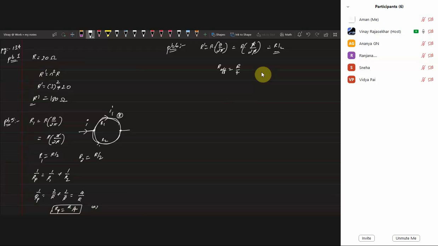Just now we calculated. R value is 12 ohm. So 12 by 4 is equal to 3 ohms. Actually, they gave a lot of things to confuse you. That's it. Nothing apart from that. So if you're done with that, we'll go for the next problem. Actually, it is a very simple question. Nothing is there in this.